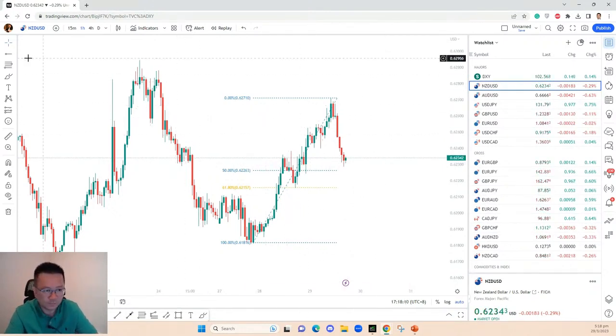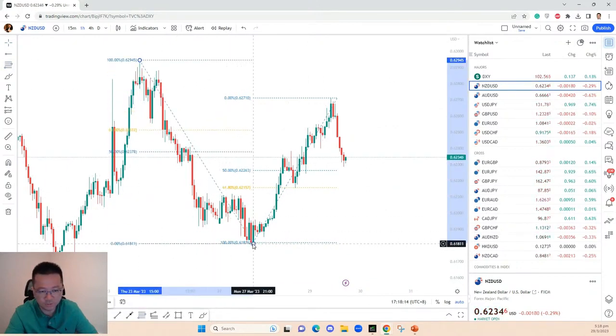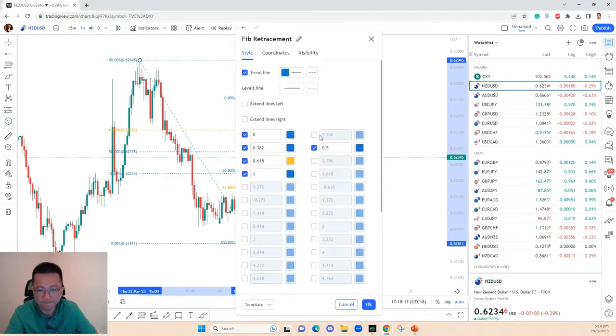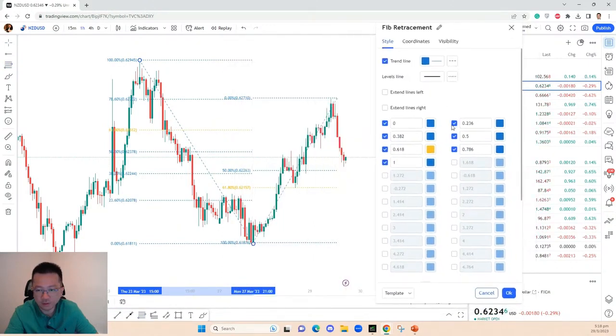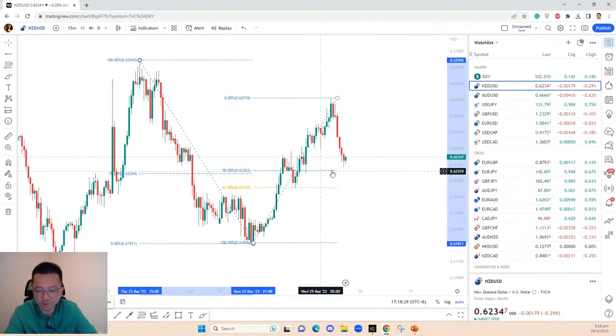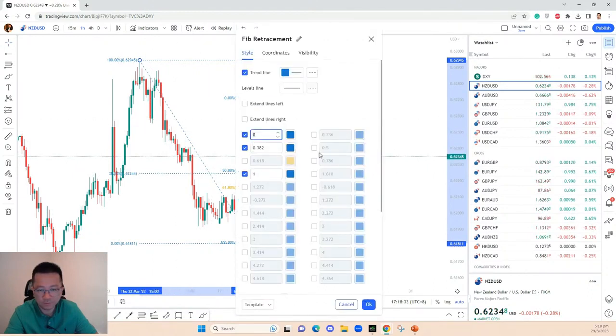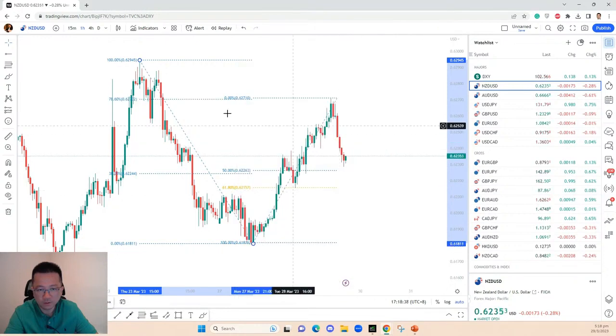Okay? And if I did this, I think we'll be able to find something interesting. Right? And there we have it. See that 38.2 forming right across as well. And also see how price went all the way up.